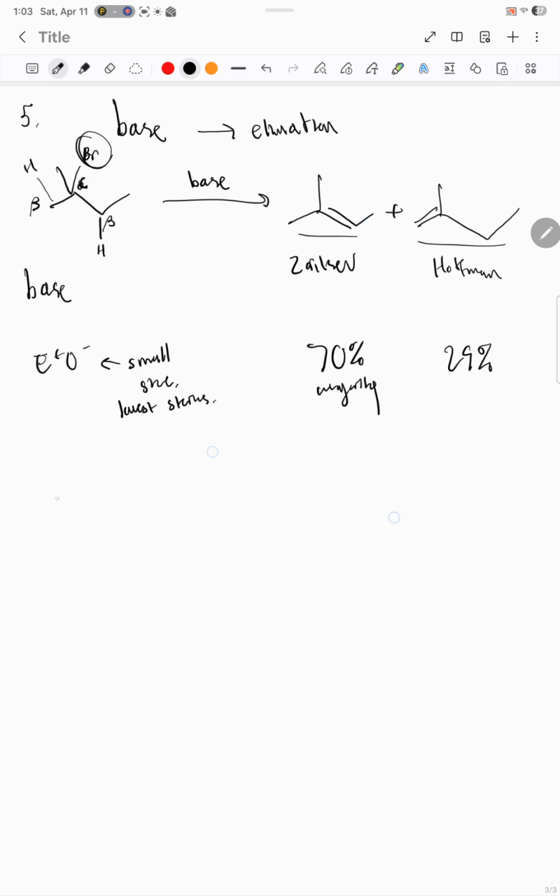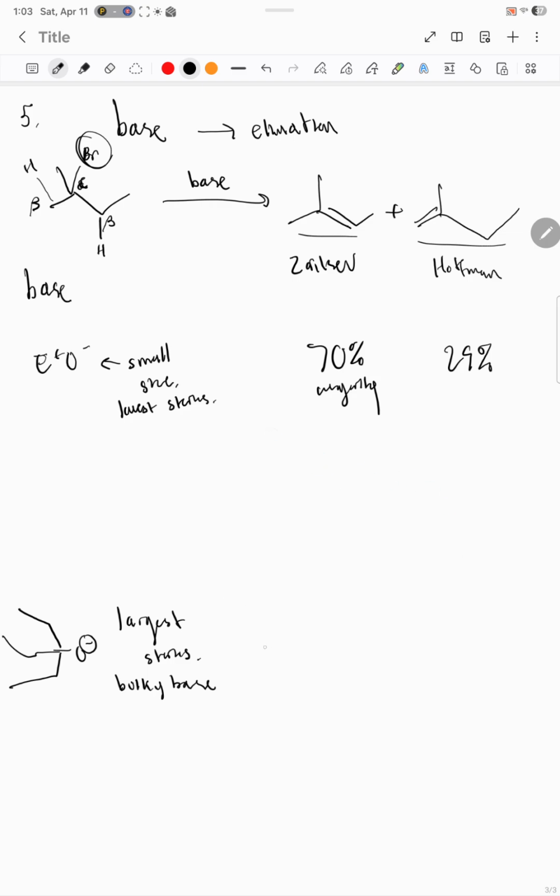Using this logic, if we move on to largest sterics, in other words, this means most bulky base. Let's say the most common example is tert-butoxide, or it's also this molecule. This is not tert-butoxide.